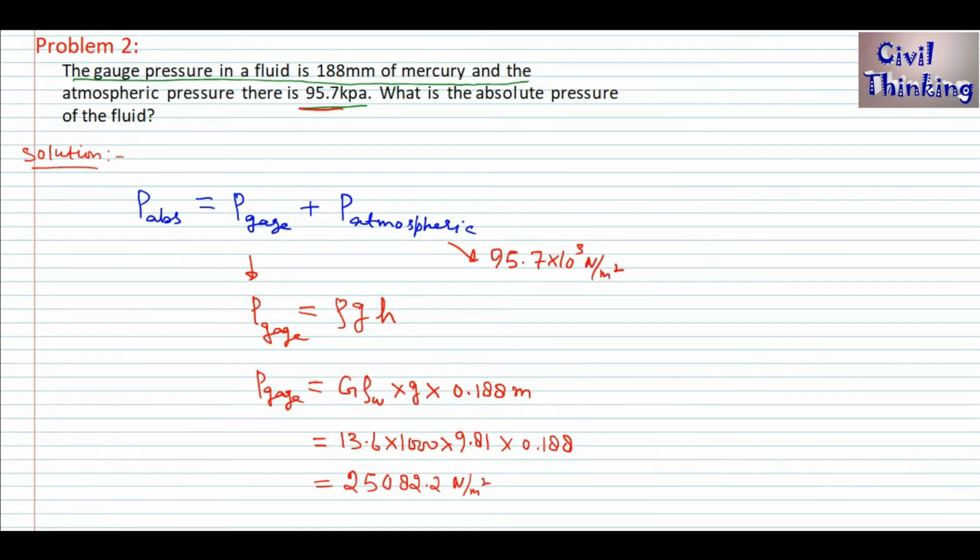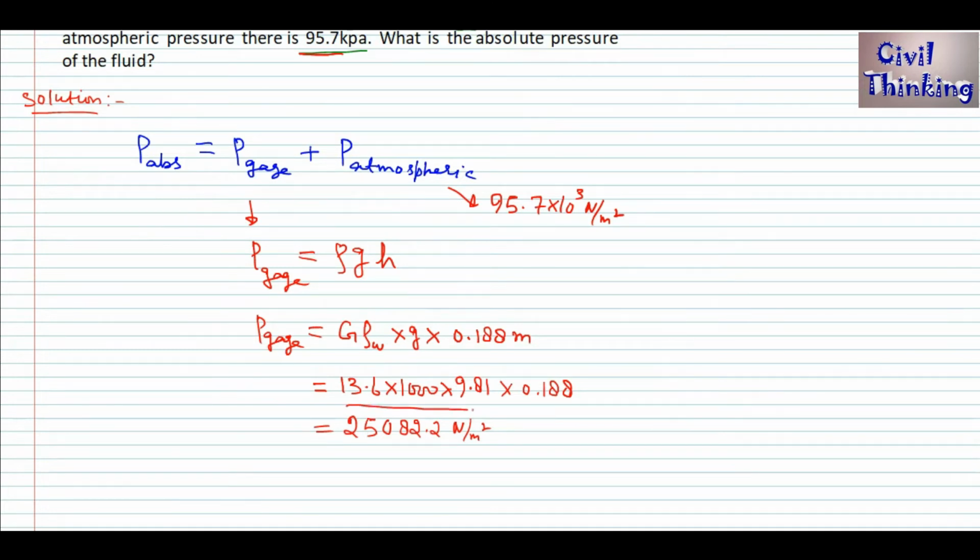Now when you add up these two values, we get P absolute equal to 25082.2 plus 95.7 into 10 to the power 3.